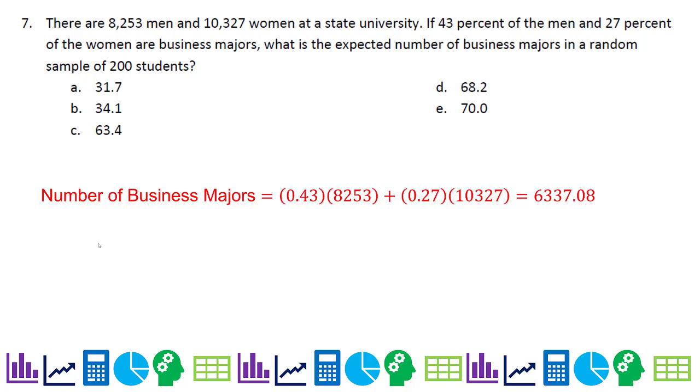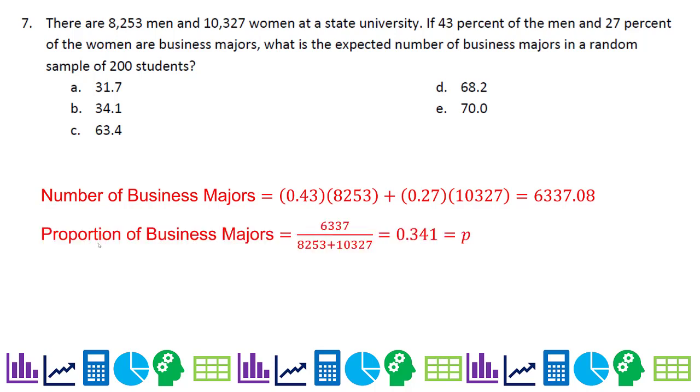Then I divide by the total number of students, and I get the proportion of business majors is 0.341. I know my sample size is 200, so my mean or expected value is the sample size times the proportion, 200 times 0.341, or 68.2. So that's your answer.